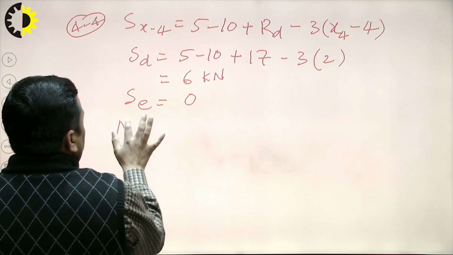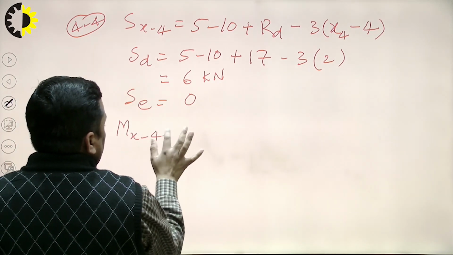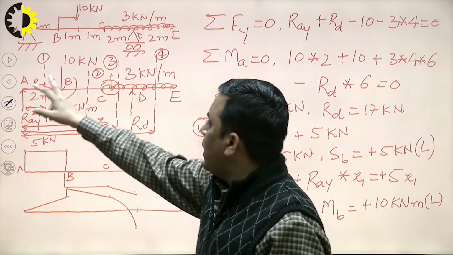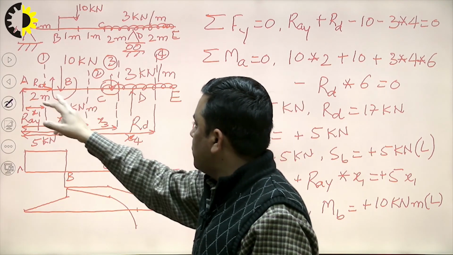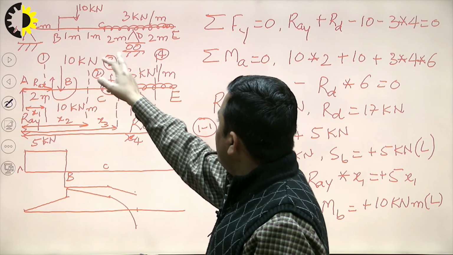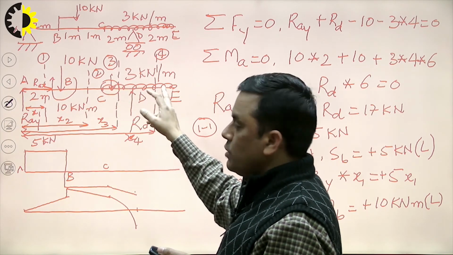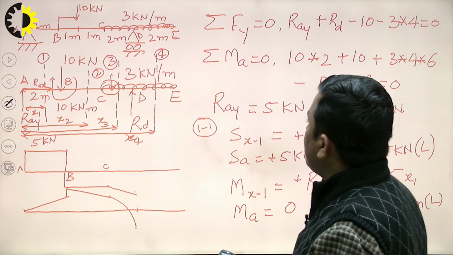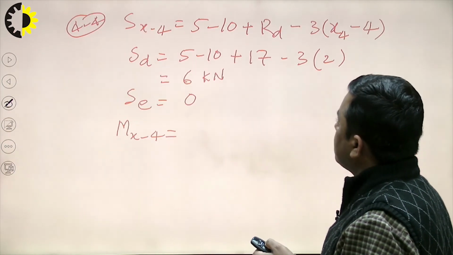Now, the bending moment equation we can check. How many moments are there? Moment due to RA, moment due to 10 kilonewton, this couple, then the moment due to UDL, the portion of UDL which is on the left side, and moment due to RD. So, we can write the equation here.